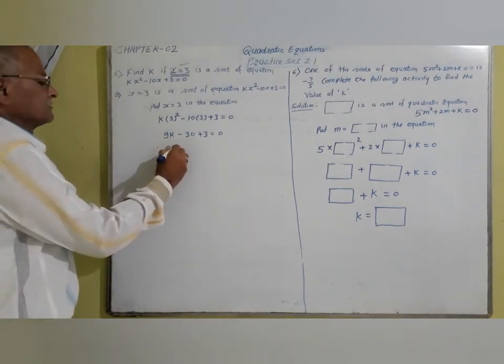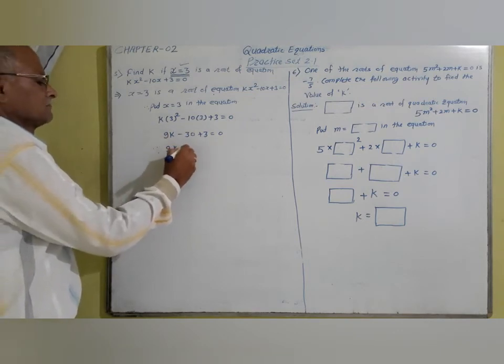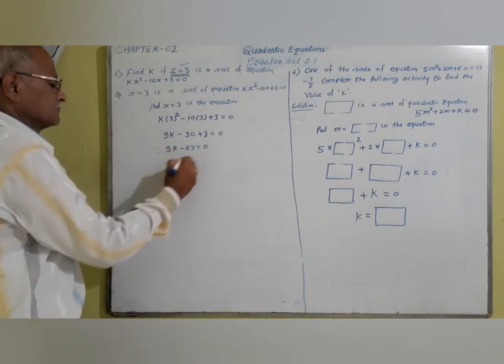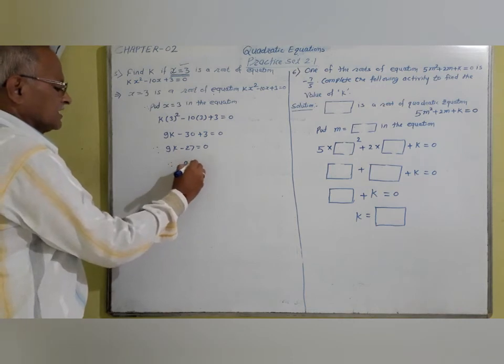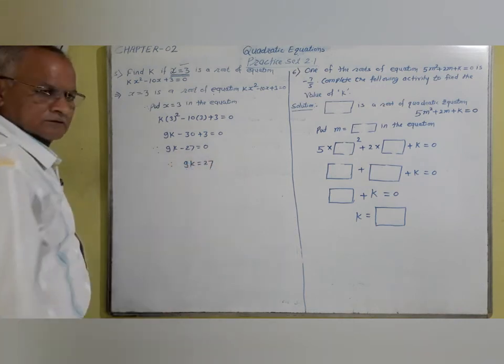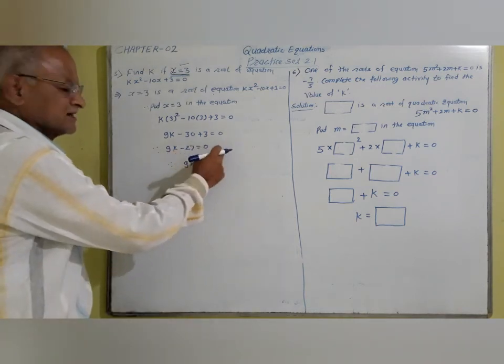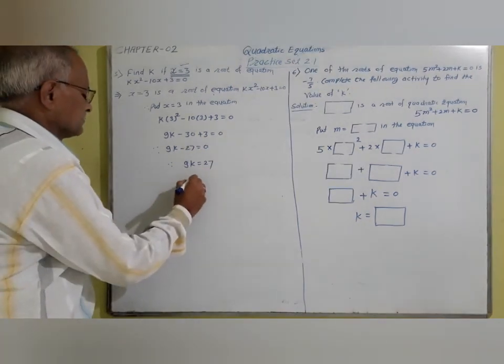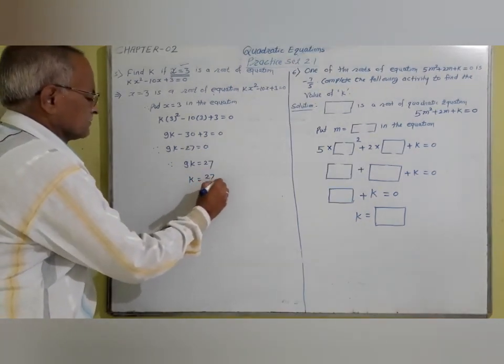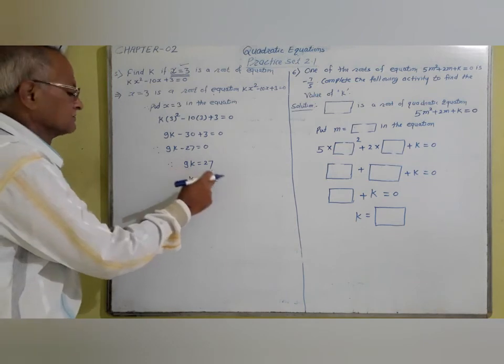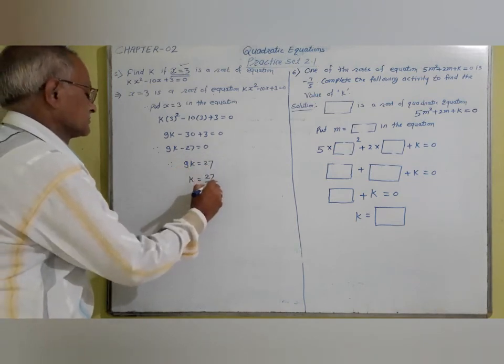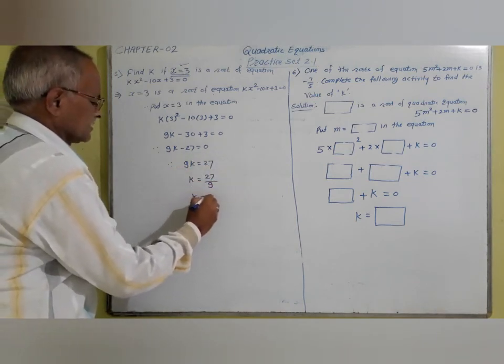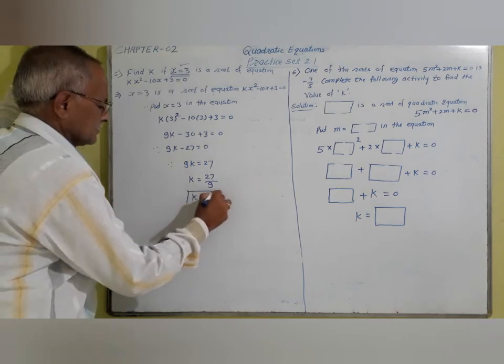Therefore, 9k minus 27 is equal to 0. Therefore, 9k is equal to 27, taken to the right side it becomes plus. Therefore, k is equal to 27 upon 9, since 9 is in multiplication, taken to the right side it becomes divide. Therefore, k is equal to 3. This is our answer.